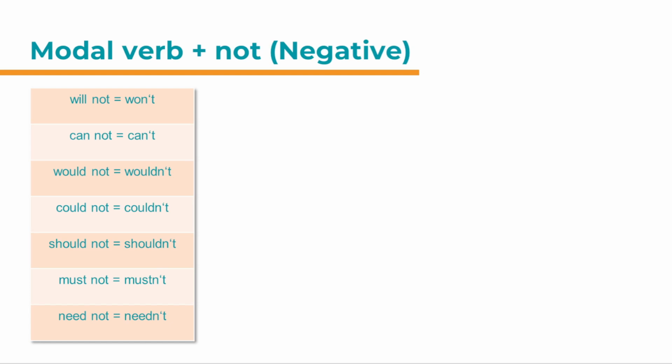Now, there were a couple of modal verbs with silent letters. Would, could, should. The L is silent in all 3, so wouldn't, couldn't, shouldn't also have a silent L. And when we say must not in contracted form, mustn't, the first T is actually silent as well.